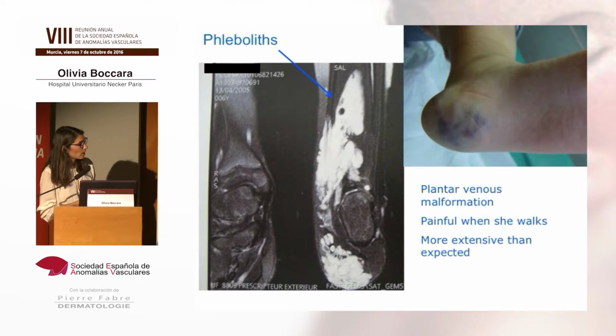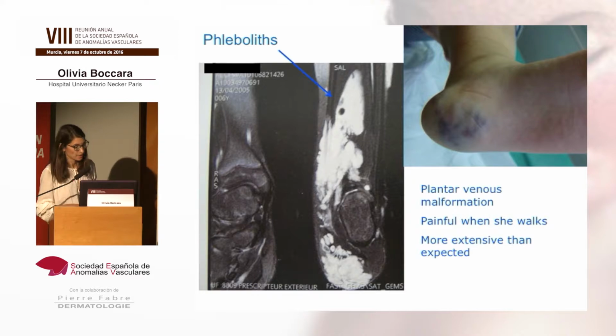Another example of a lesion which seems clinically quite small. And actually, when you do the MRI, you see that it's much wider and less accessible to surgery, probably. And again, the characteristic phleboliths on MRI.